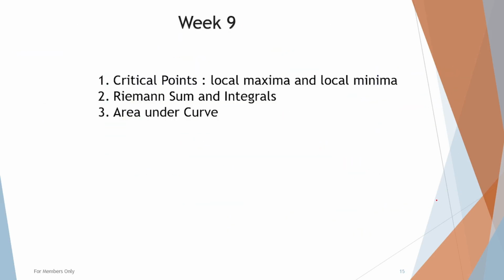So now we are done with critical points, local maxima and local minima. Now we are going to Riemann sum and integral. Riemann sum is basically summation of points using rectangles or trapezium.